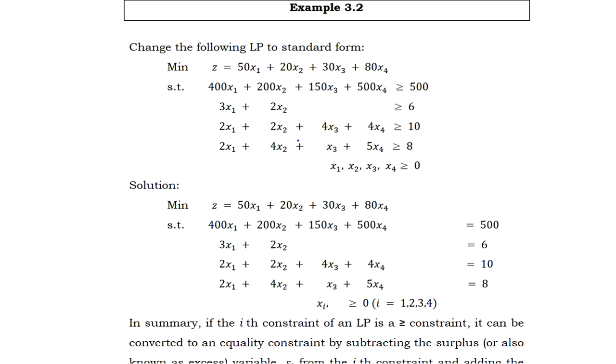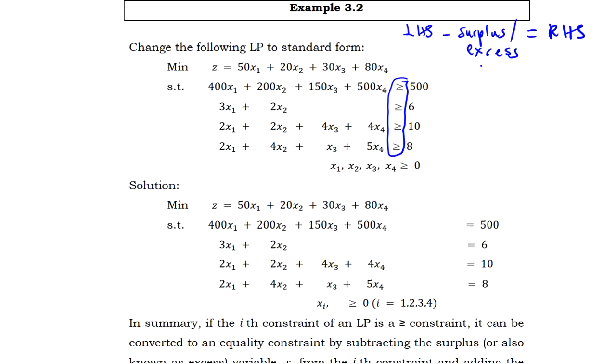Okay, so for this example, all constraints are greater than or equal to. Therefore, we need to subtract from the left hand side whatever excess or surplus we have, so that all these constraints equal the right hand side.